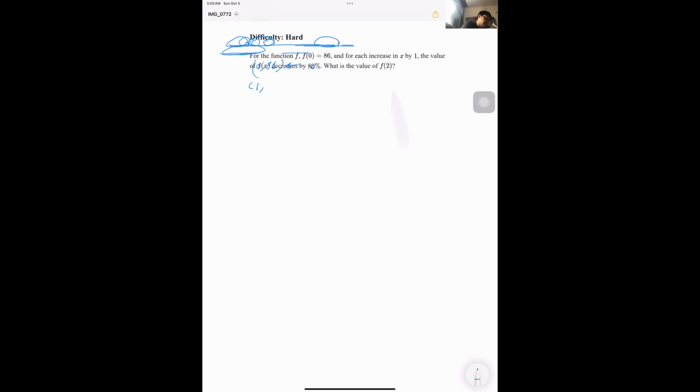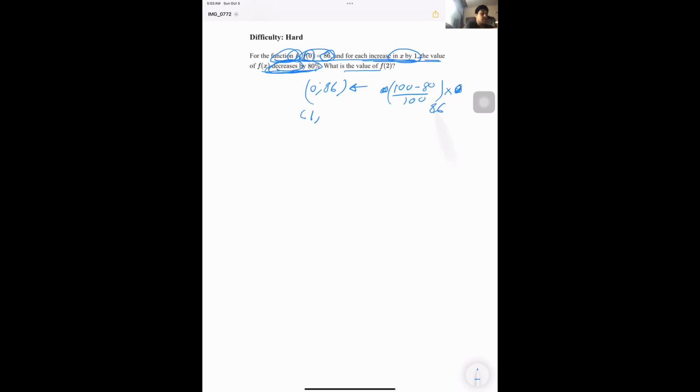So 100 minus 80 by 100 into 86. So 0.2 into 86, which gives us 17.2. What is the value of f(2)?